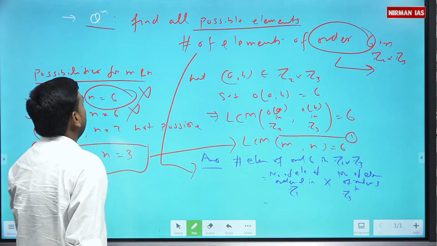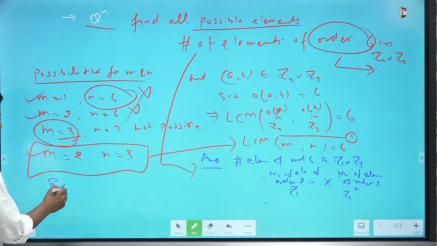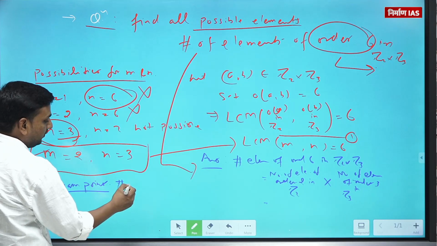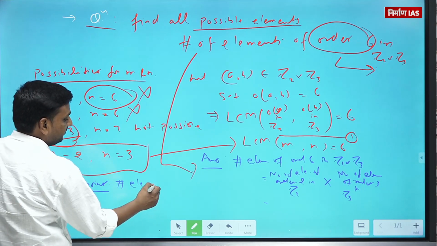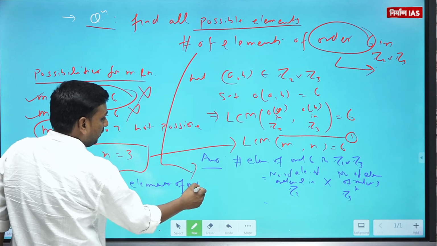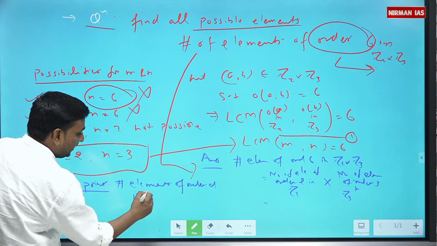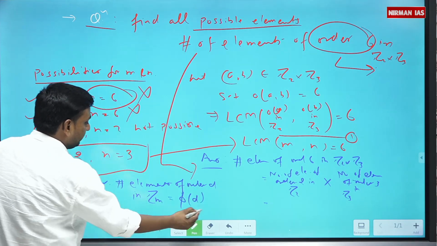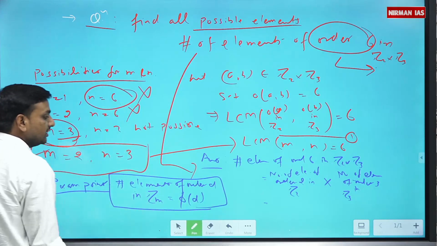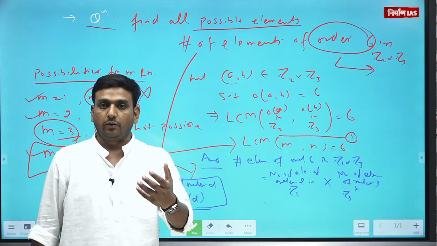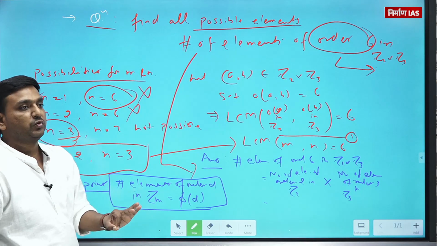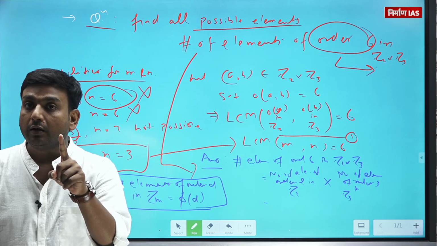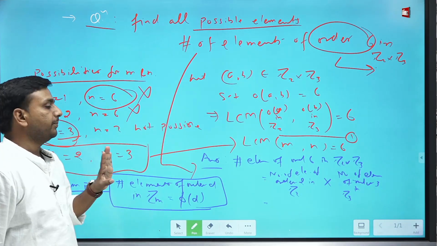So you can also have an exam point here. The number of elements of order d in Zm is equal to phi d. In the number theory part, we know what phi d is: the number of relative primes to d. Here d divides m.